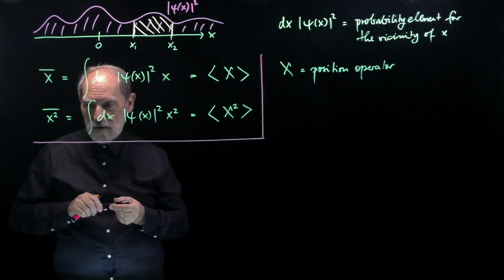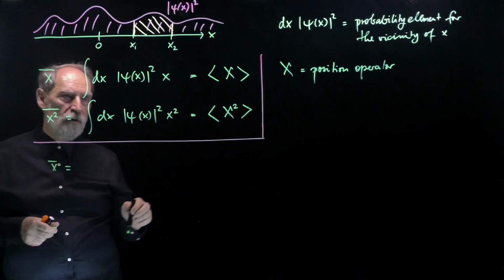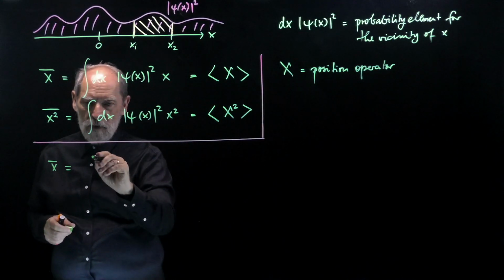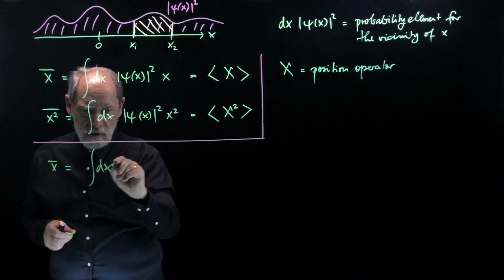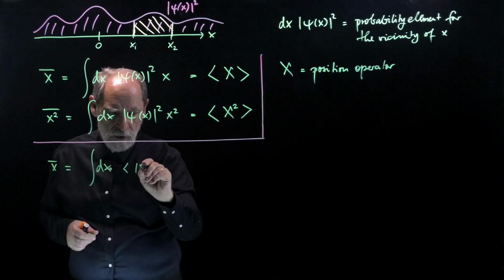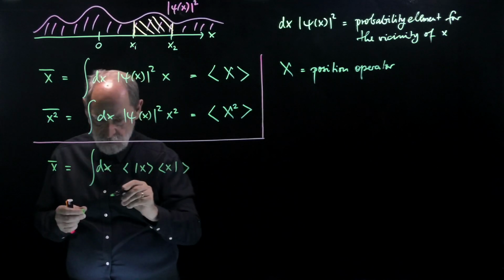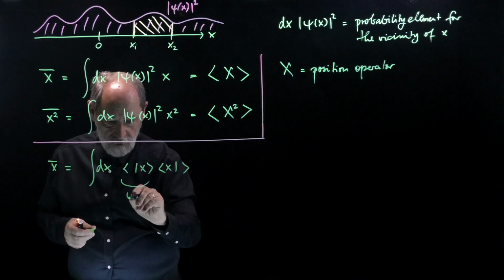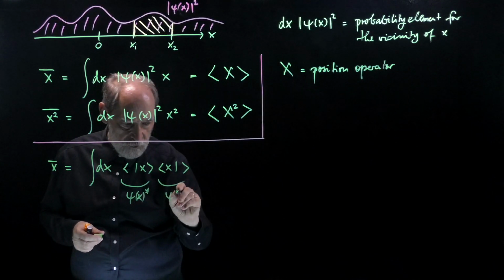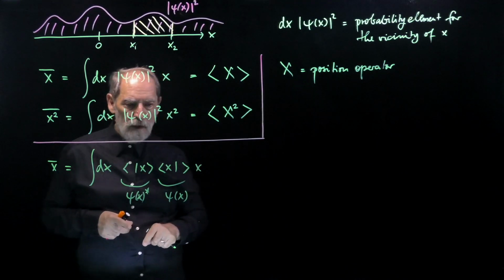So let's look at this x average value and put in where the psi of x comes from. So there's the integral over x, and then the psi of x squared is the wave function squared, which I'm now writing like this. So this is the complex conjugate wave function, and this is the wave function itself, and the product is the square of the wave function.